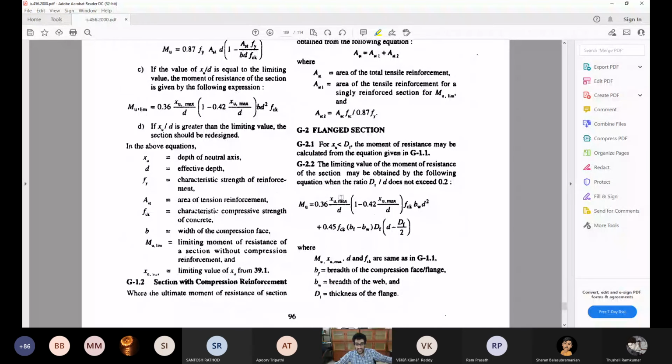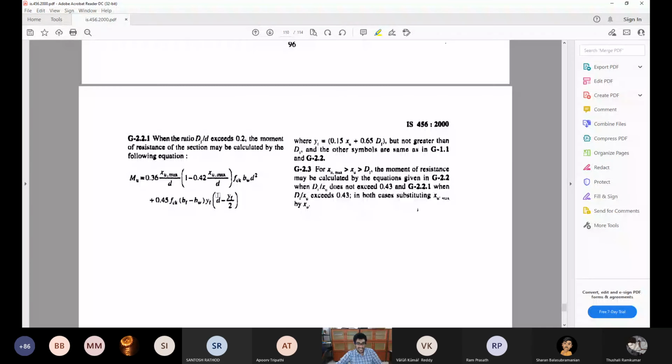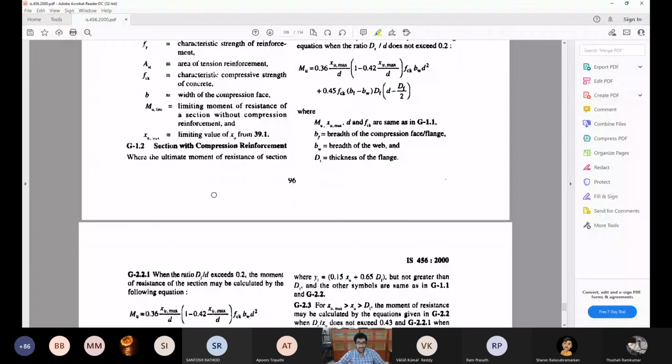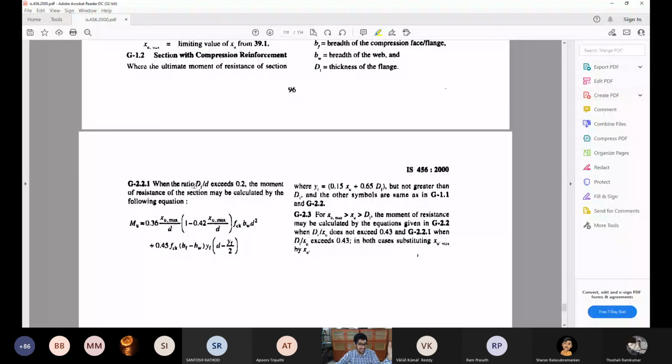And for flange sections, how do you find Mu? The answer is over here, depending on the Df by d value. If it's the case where Df and Xu are in the intermediate range, you'll have to find this yf, which I told you, given by this formula. This is also shown over here, and this is how we find the reinforcement.